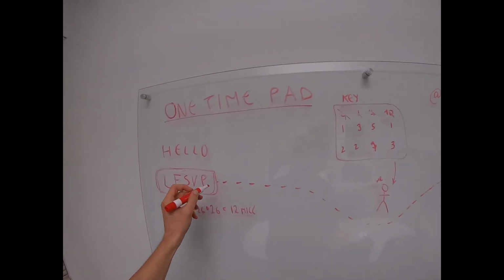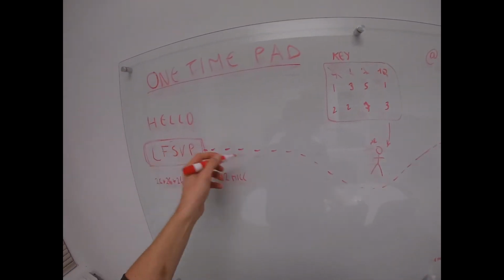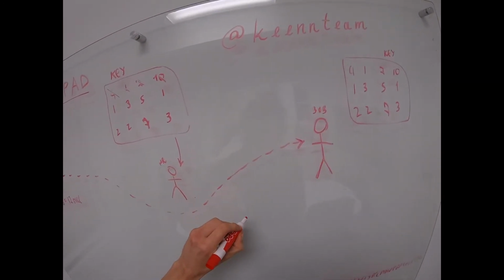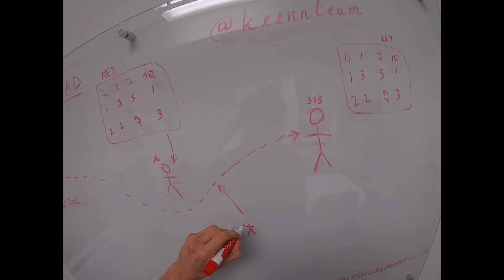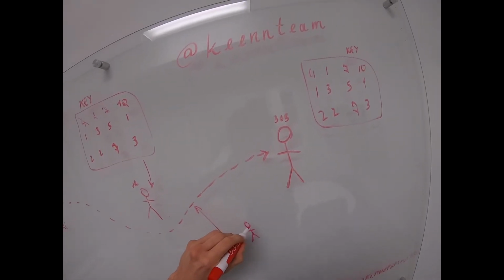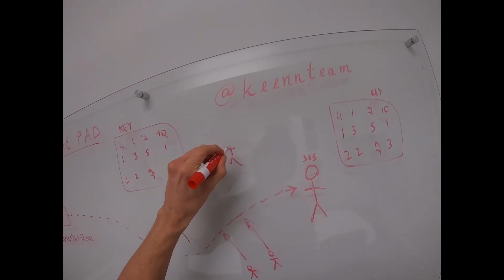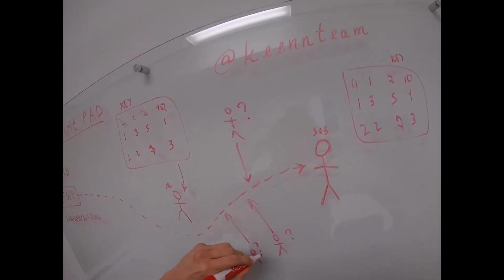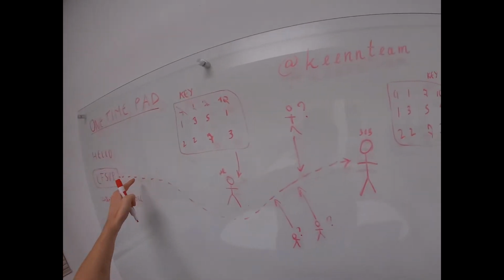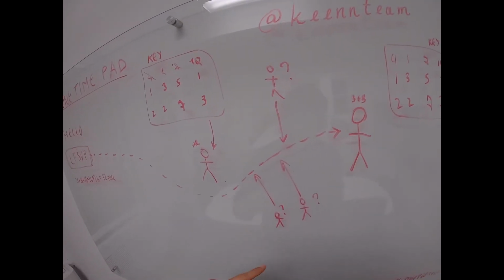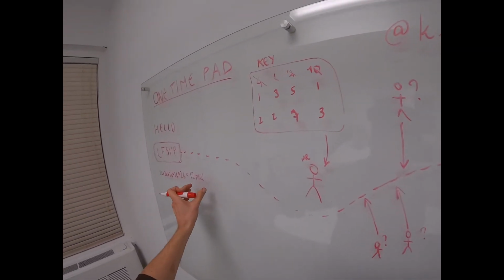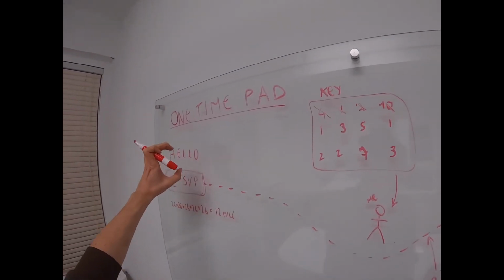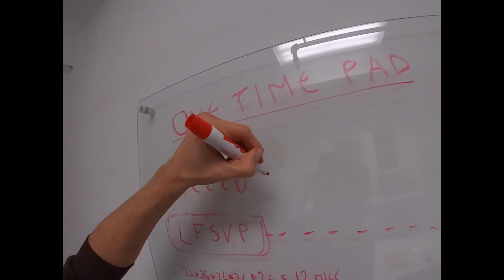People in between have no idea what this means, and they'll have a one in 12 million chance to find the right combination of shifts to bring this back to the original plain text.